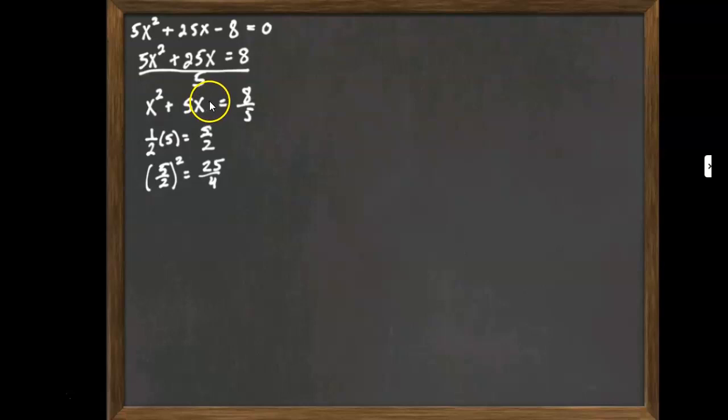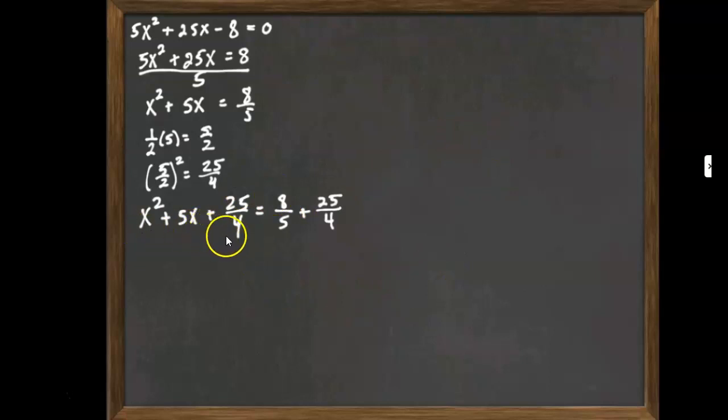We're going to have to add 25/4. And that 25/4 will also have to be added to the other side. So what makes this a little harder is that we have to deal with adding some fractions. And so we go ahead and do that. We add the 25/4 onto both sides.